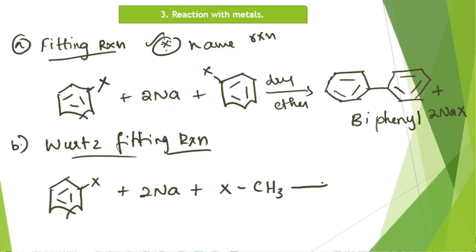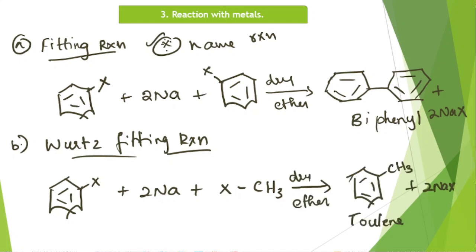In the presence of dry ether, you are going to get toluene. That is, instead of X, your CH3 will be attached. You will get toluene with the liberation of 2NaX.